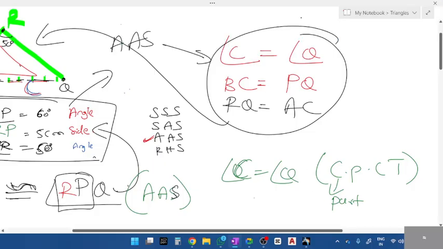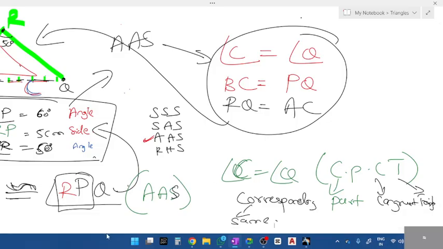What is the meaning of CPCT? Corresponding parts of congruent triangles. These two triangles are congruent. Corresponding is nothing but same side.